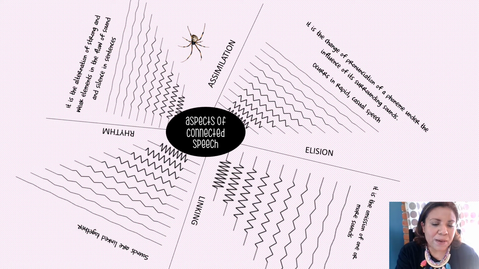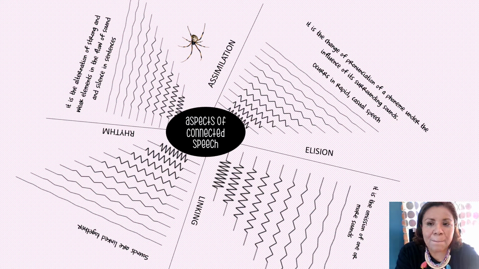The third aspect is linking. This occurs when sounds are linked together. If we say the words big and girl, we can notice the G at the end of the word big and obviously the G at the beginning of girl. But if we put them together, the words tend to link.